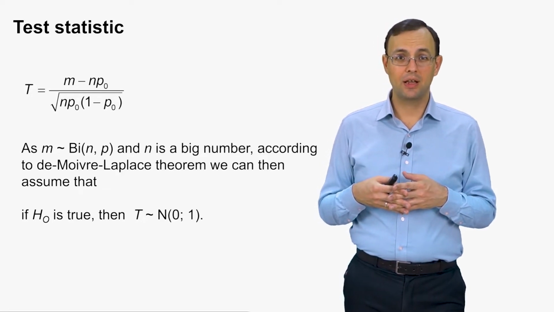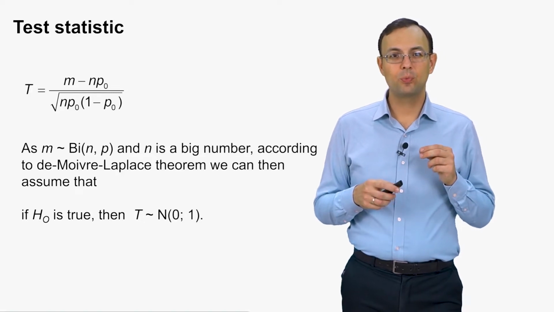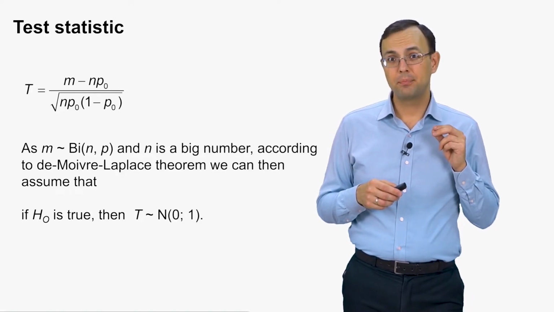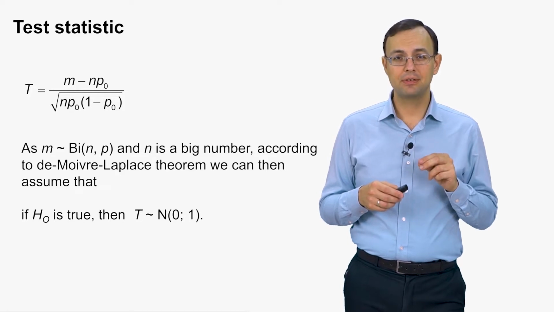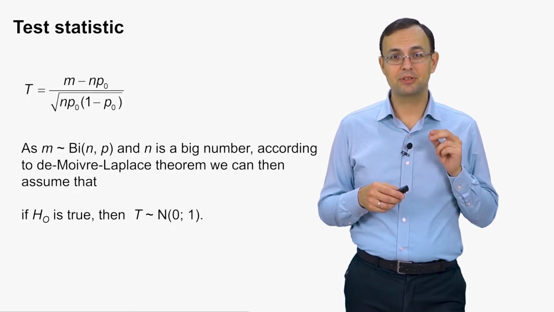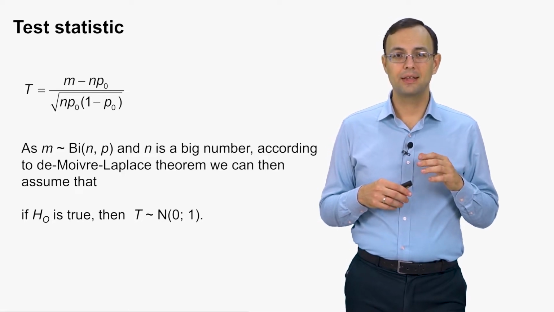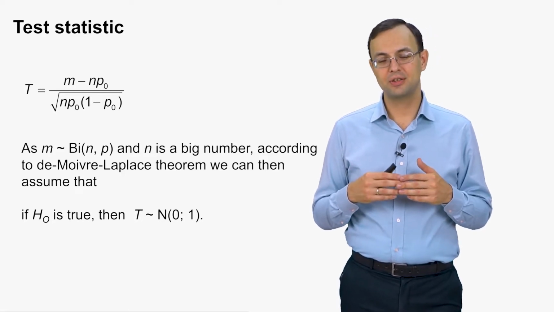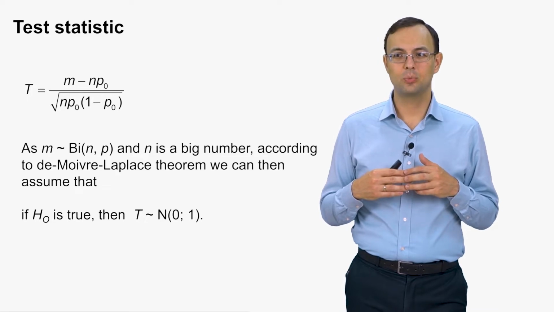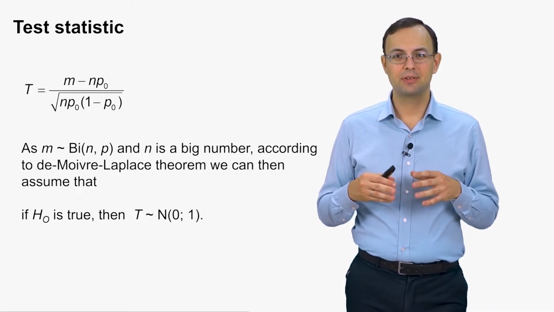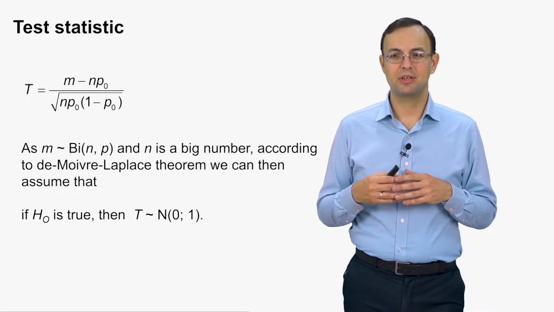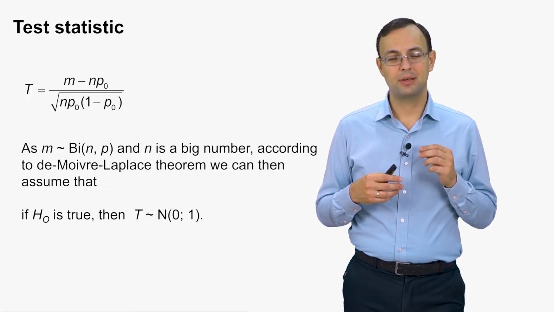And as you remember, if we are dealing with a binomially distributed random variable and parameter n is big, we can use the normal distribution instead of the binomial one. So we can treat our random variable as normally distributed according to the de Moivre-Laplace theorem.